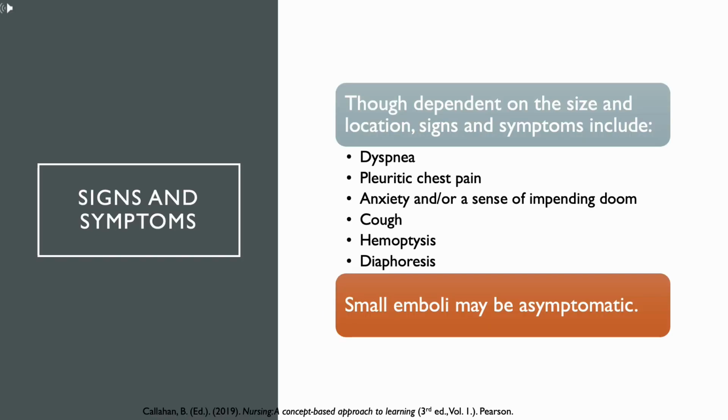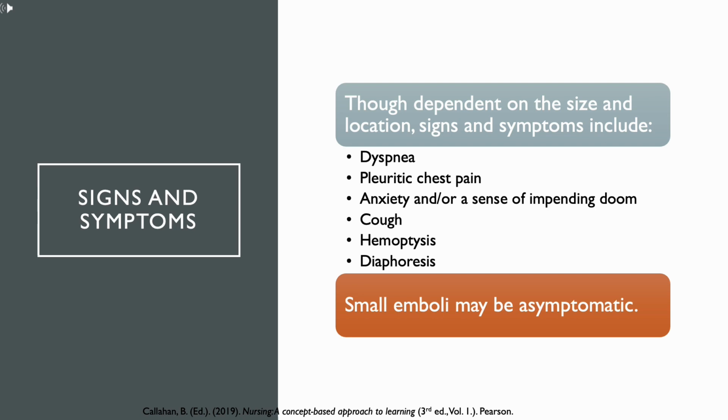Some signs and symptoms of a pulmonary embolism depend on the size of it and the location. So generally you'll have dyspnea, that shortness of breath, and then you'll have pleuritic chest pain. Sometimes patients have anxiety and or a sense of impending doom.